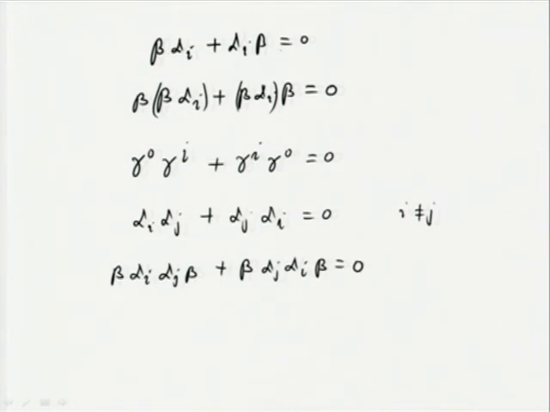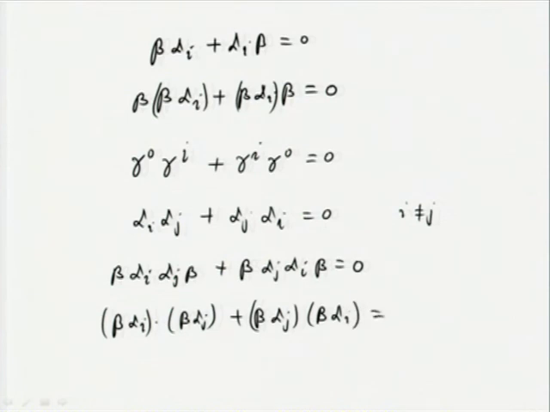Because of the first line here, beta alpha_i is equal to minus alpha_i beta, I switch beta and alpha_j in the first term and beta and alpha_i in the second term. That will give you a minus sign in both cases. So I should have added a minus sign here, but that will give you only an overall minus sign, and the first one is gamma^i gamma^j plus gamma^j gamma^i equal to 0.